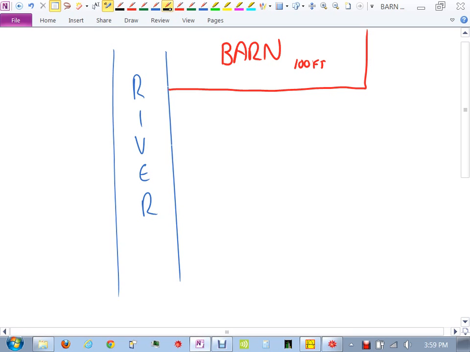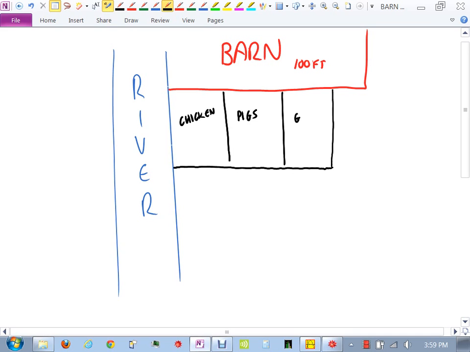And you're going to try and build, looking from the top, 3 identical enclosures for, let's say, some chickens, and then maybe some pigs, and then goats, and unicorns, whatever it is that you have.